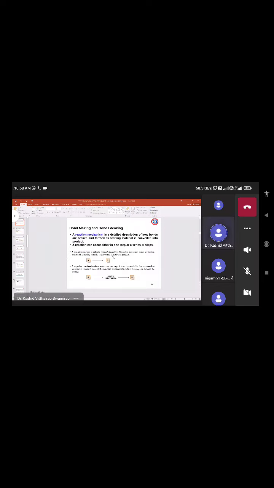One is concerted, simultaneous or in one step reaction. What is that? No matter how many bonds are broken or formed, उसका कोई मैटर नहीं है, but it will occur in one step and simultaneous manner or concerted manner.